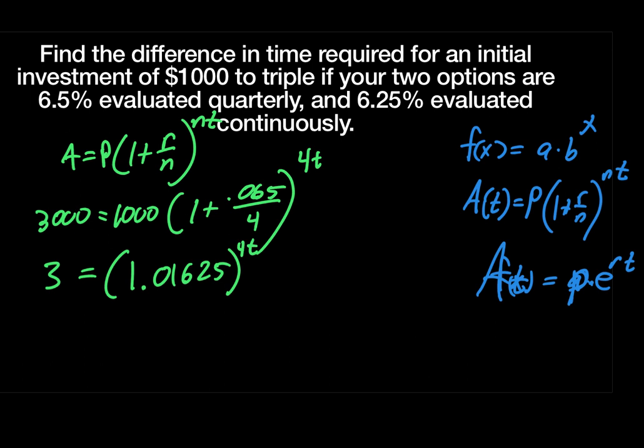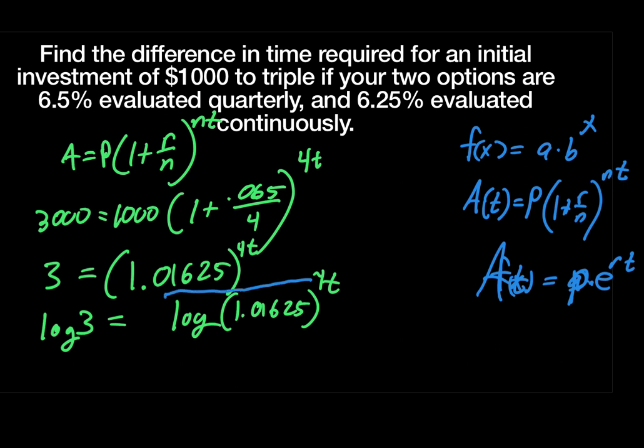Powers are in my exponents. Time to do some logs. Log of 3 equals log of 1.01625 to the 4t. Properties of logarithms: the exponent can maneuver down in front. So I'll have that whole thing times 4t, which means 4t equals the log of 3 divided by the log of 1.01625.